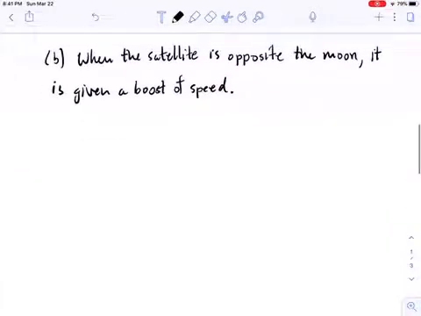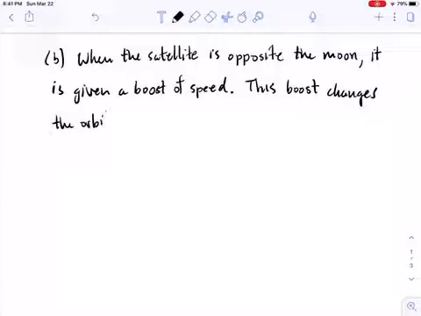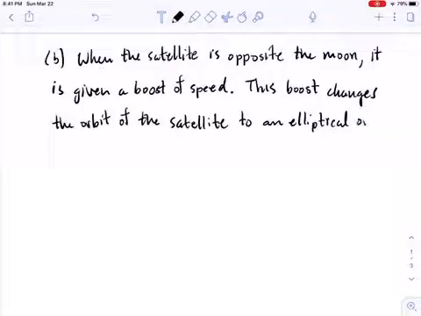So the question is the following. This boost changes the orbit of the satellite to an elliptical orbit.